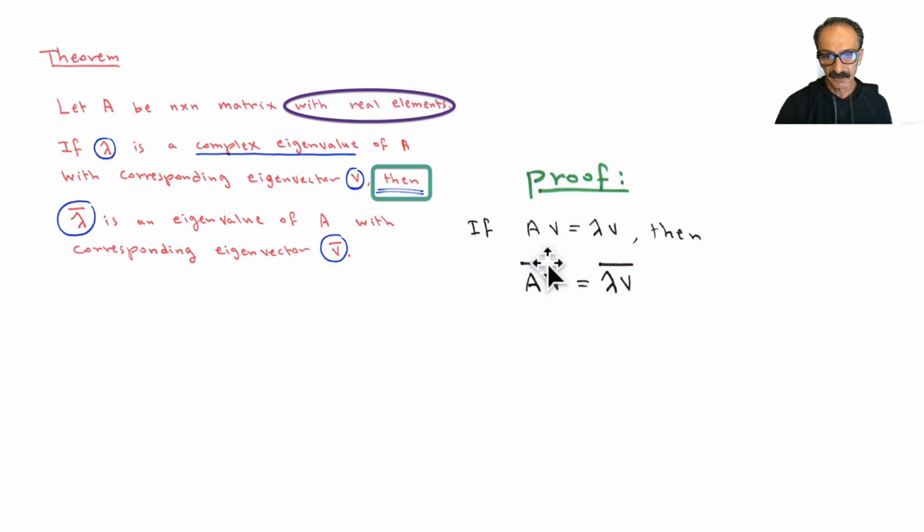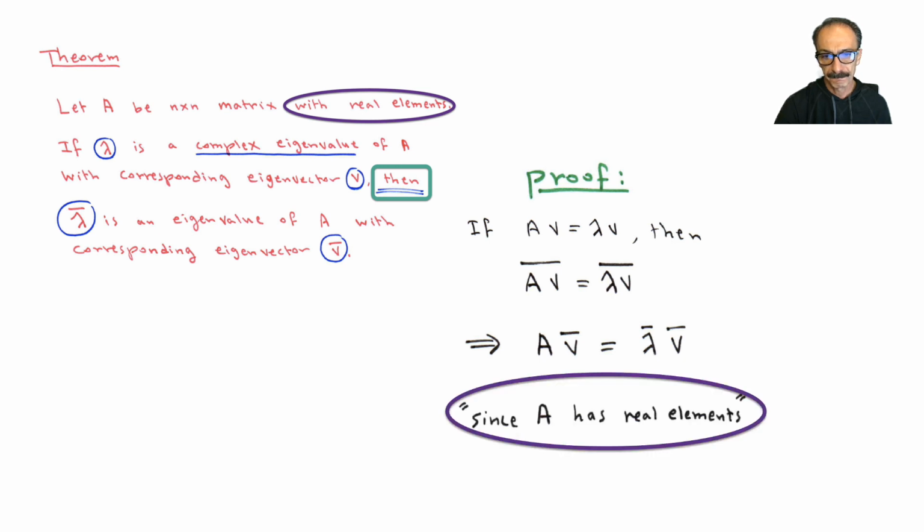So the conjugate, when applied to A, doesn't make any difference; it stays A. So we have A times conjugate of v equals conjugate of lambda times conjugate of v, since A has just real elements.